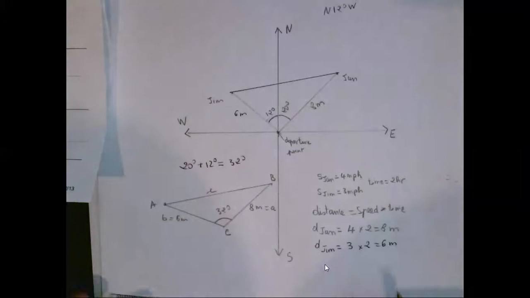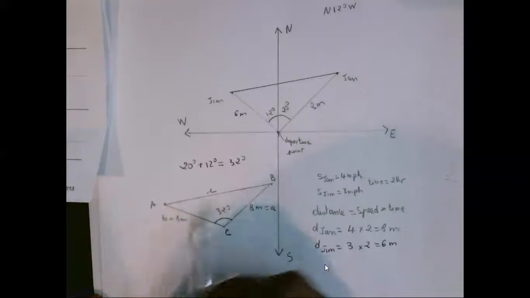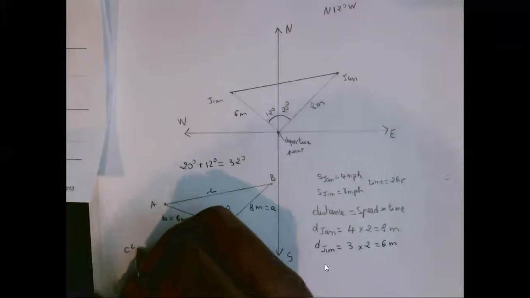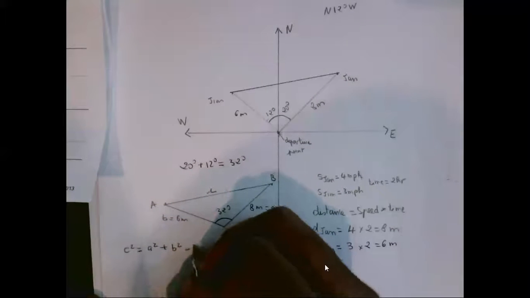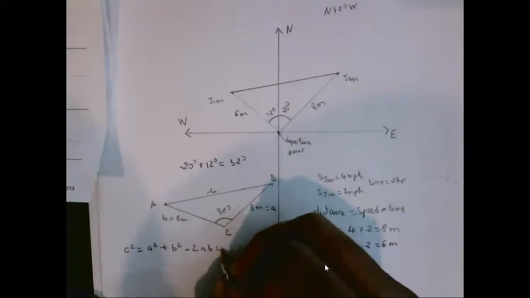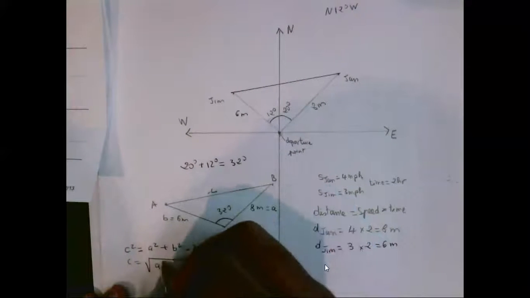So based on the law of cosines, we're looking for this distance here. So c squared is equal to a squared plus b squared minus 2ab cosine of C. So c will be equal to the square root of all of that.